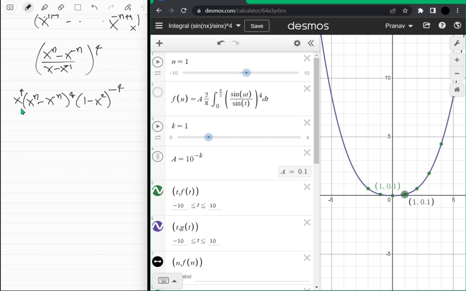Notice that the highest power in this expansion would be 4n, and the lowest power would be negative n. Sorry, it's going to be negative 4n, right? And then all the powers over here are going to be positive or 0, right? So in that case, the lowest power would really just be negative 4. So the highest power from here is x power 4n.